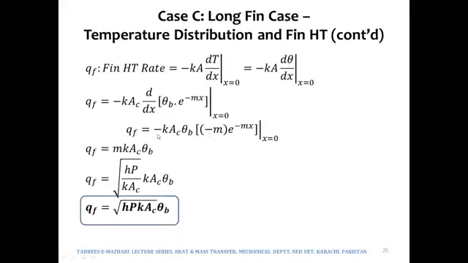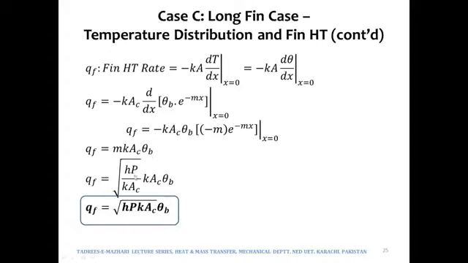So minus and minus would become plus, and then it would be k Ac theta b times m, and e to the power minus mx is evaluated at x equal to 0, so e to the power 0 would be 1. Therefore this exponential term will no longer be there in the fin heat transfer rate.